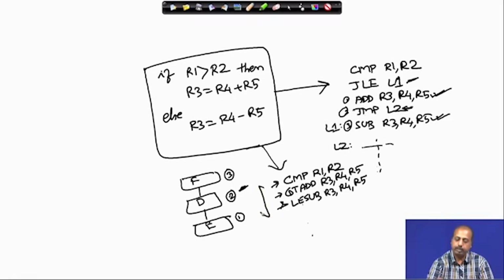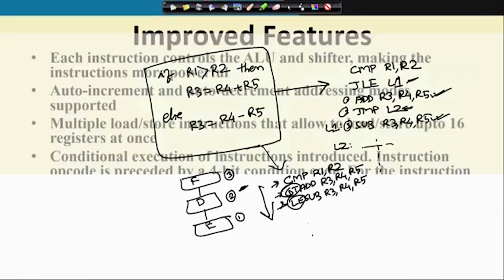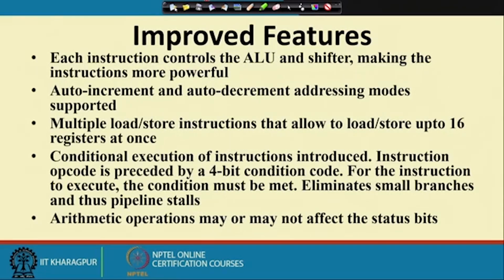You can continue executing the instructions, knowing that this conditional code prefix before the instruction will take care of this type of problem. So pipeline stalls will be much less with conditional execution.